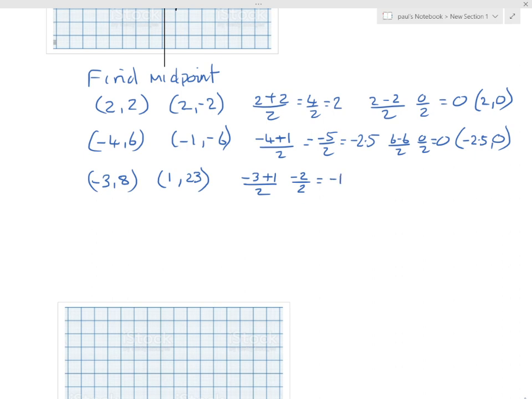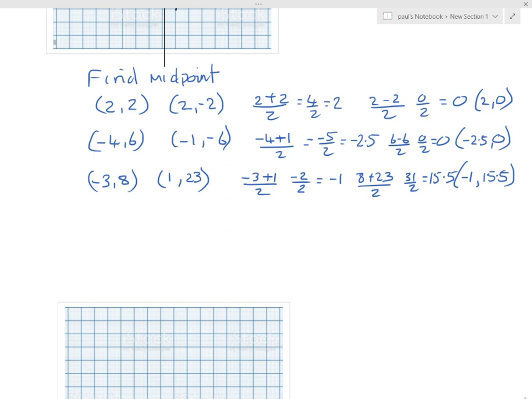And the y's are 8 plus 23 over 2, which is 31 over 2, which equals 15.5. So the midpoint is minus 1 and 15.5.